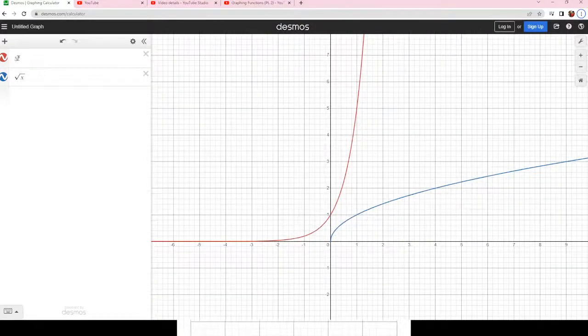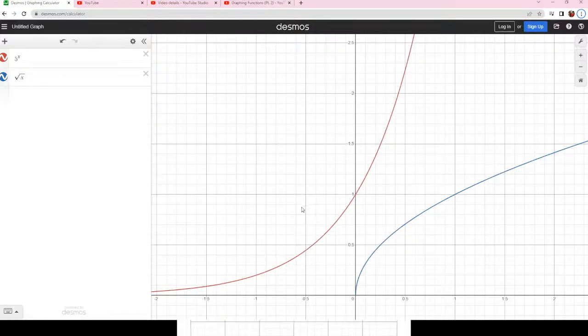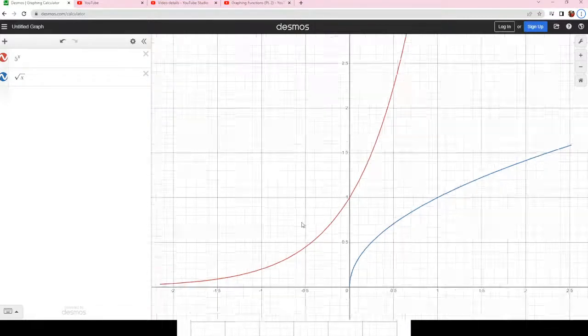Because there's no number that you can multiply 5 times itself and make 5 go below 0. You can add stuff to 5 to make it go below 0. You can subtract stuff to make it go below 0. Heck, you could even multiply negative numbers times 5 to make it go below 0. But you cannot multiply 5 times itself enough times to make it go below 0.